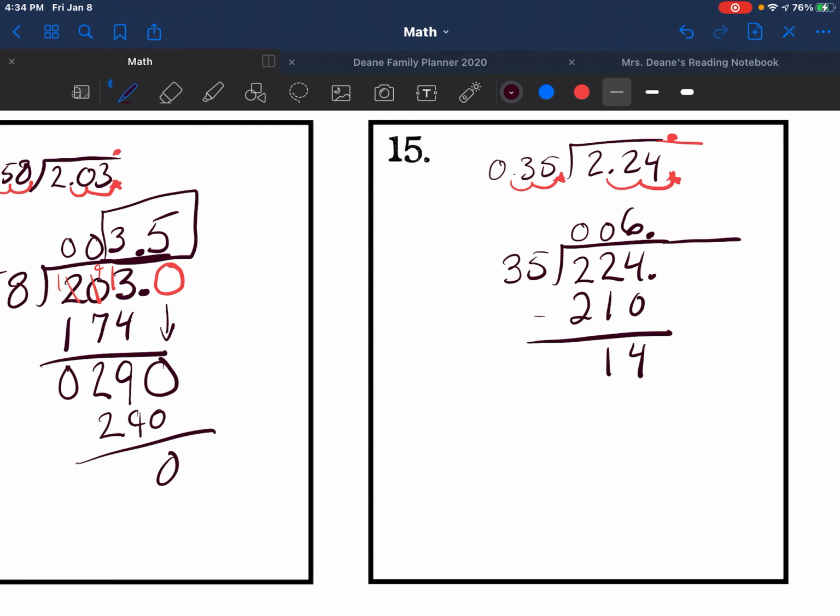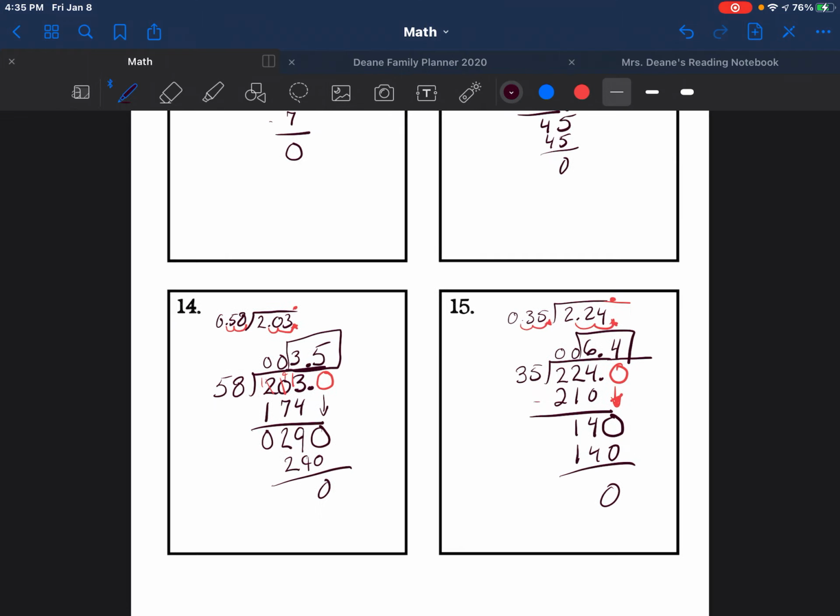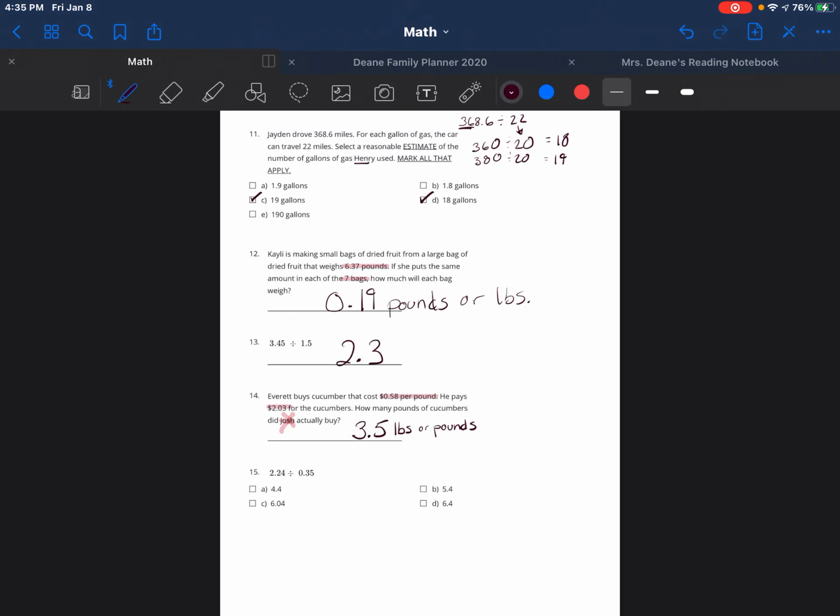Now, okay, so I have 14, I have a remainder, that's not okay. So I add a 0, I bring it down. And now I have 140. Well, 35 times 4 is 140. So our final answer here for number 15 is 6.4.